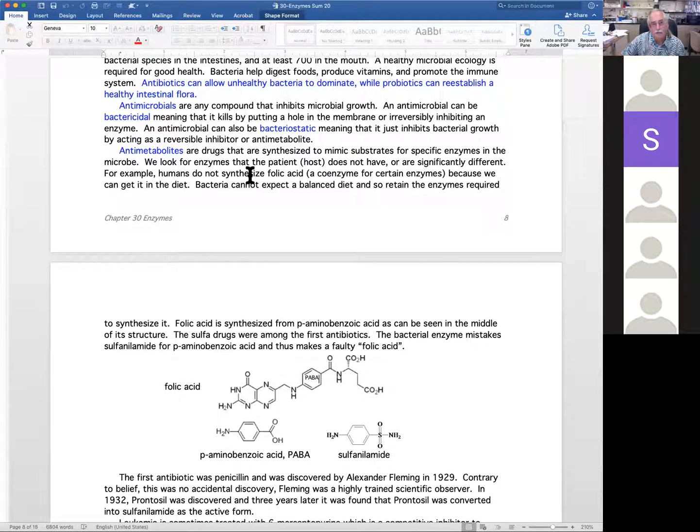So anyway, antimicrobials are against anything that's microbial. But they could be bactericidal, they could be bacteriostatic. So antimetabolites are generally bacteriostatic. But what that means is it gives your body enough time to come up with another defense against it, and you can survive the infection.